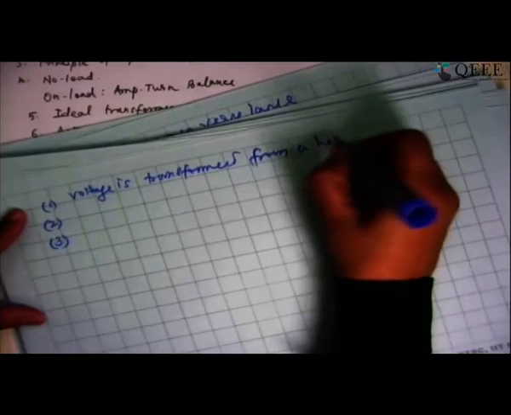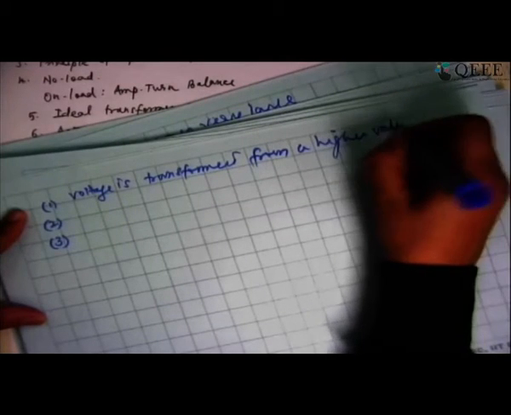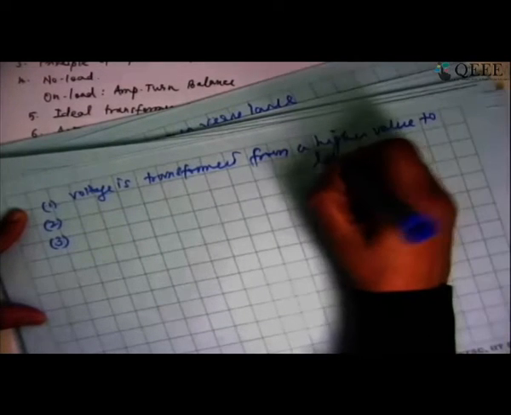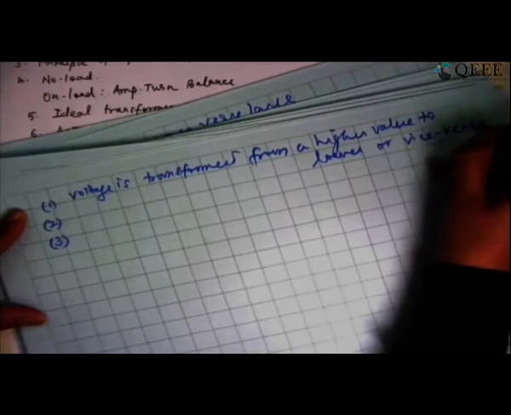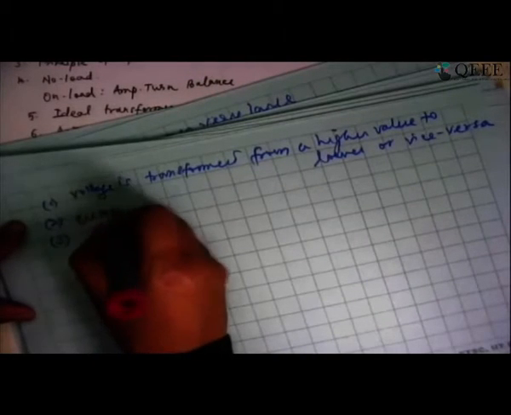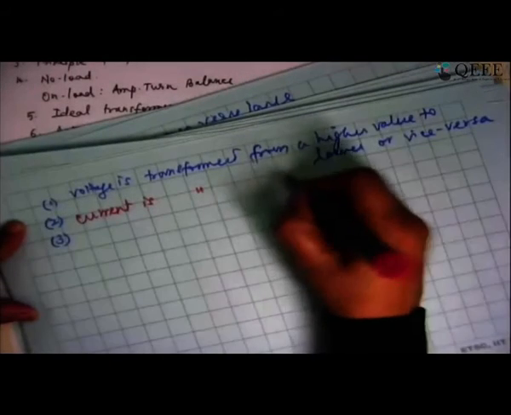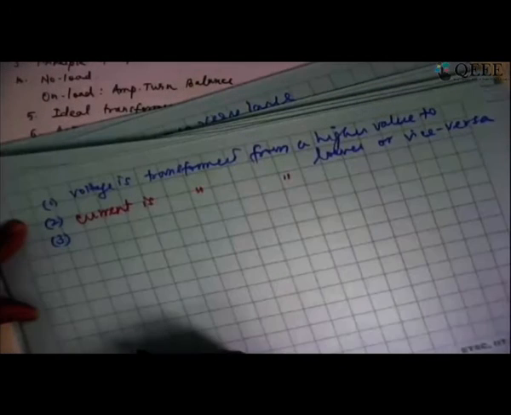One is voltage is transformed from a higher value to lower, or vice versa, depending upon the turns ratio. Similarly, current is transformed from a higher value to a lower value, again or vice versa.